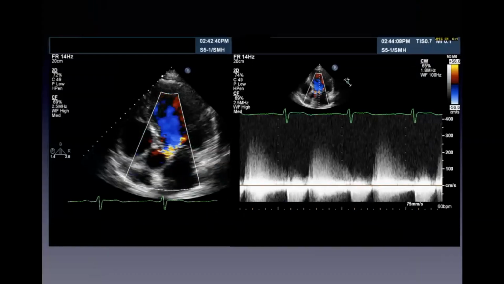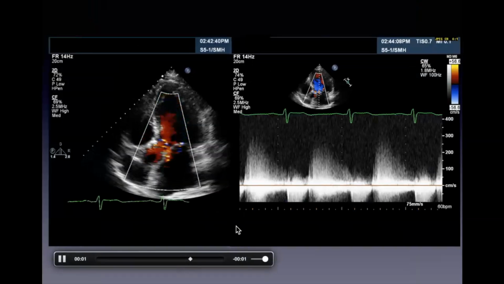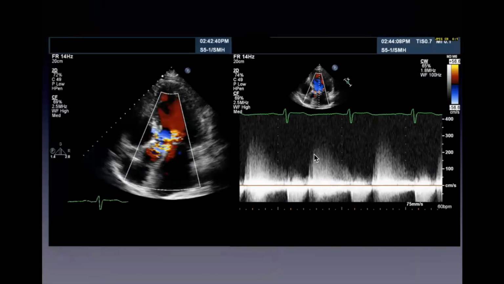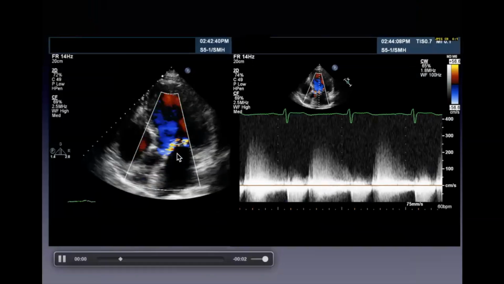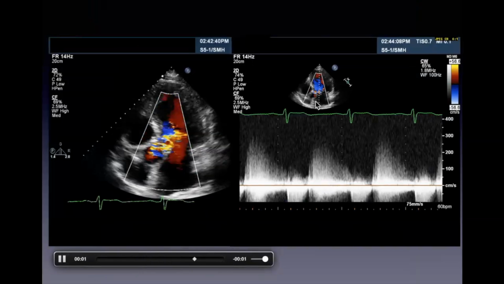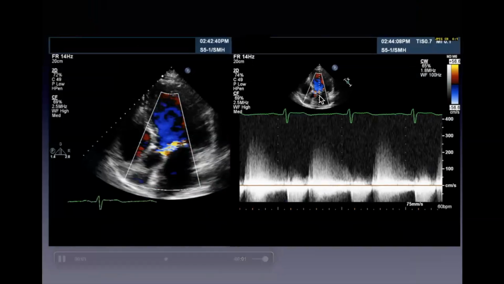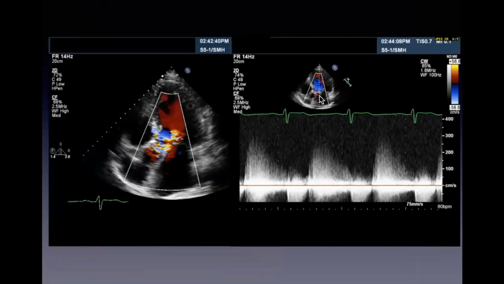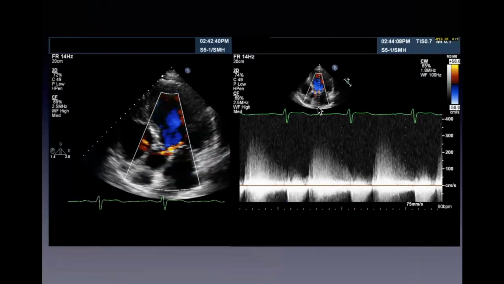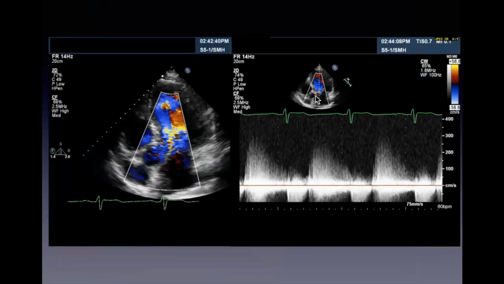And this kind of goes to Joshua's point here. When you look at this CW jet, we're trying to align best, but you're almost perpendicular to flow, and at least the cursor alignment when the recording started is not even across the LVOT.